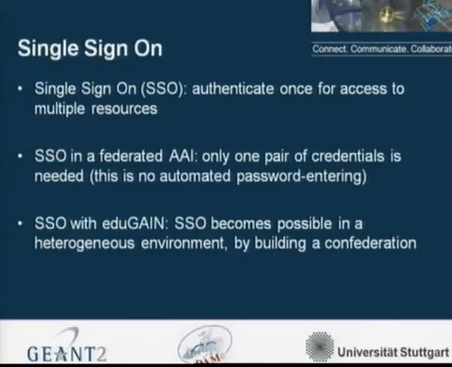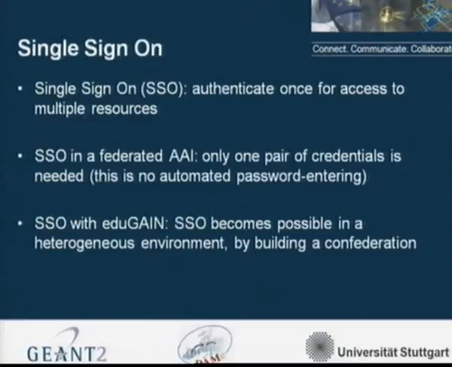I think one very good feature of eduGAIN is that it is talking to many different AAI middlewares. It probably never will be possible to have one middleware for all of Europe and its many institutions, so we cannot just assume everyone is talking exactly the same language and has the same software installed in the same version, because people like to choose their own solutions, and they end up with lots of different solutions for the same problem.